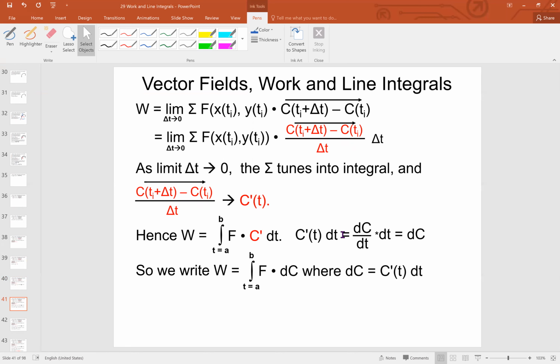We also write this as, if I write c prime of t as dc/dt, then we write that as dc for simplification. So sometimes you will see that. You will also see that without the reference all the way back to t.